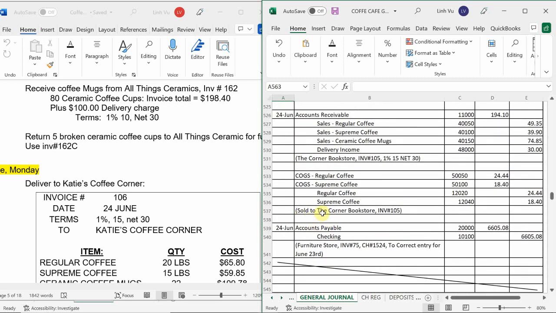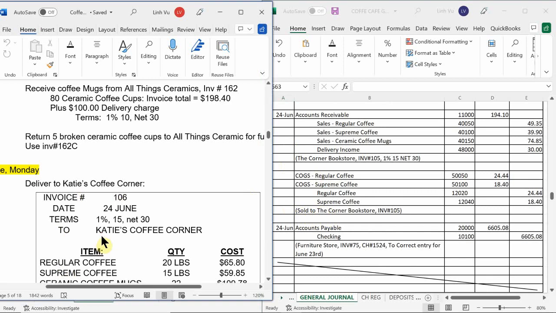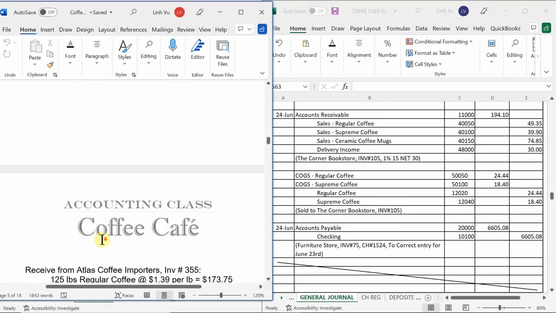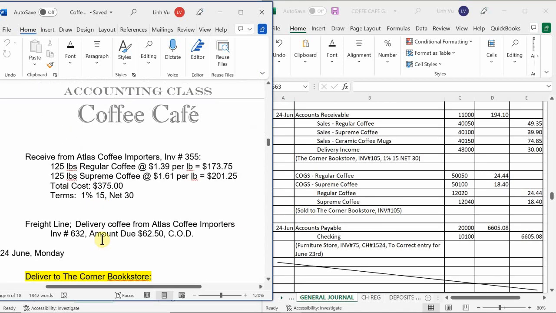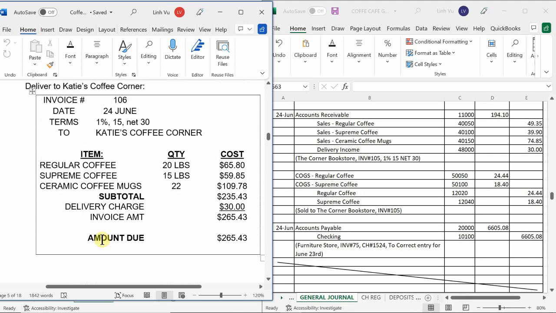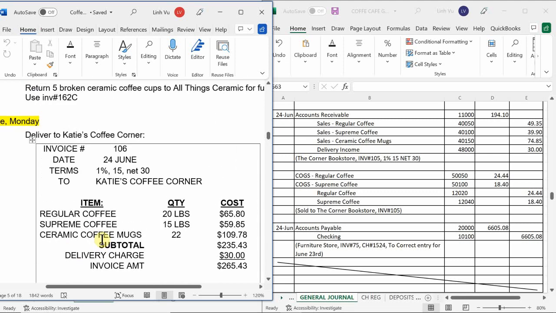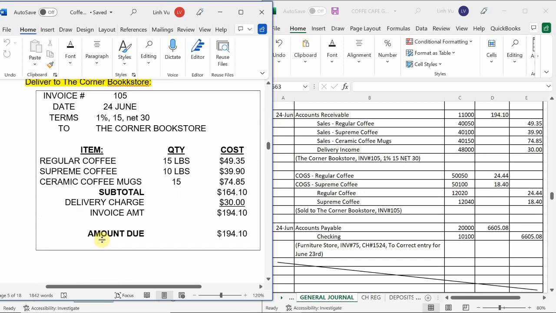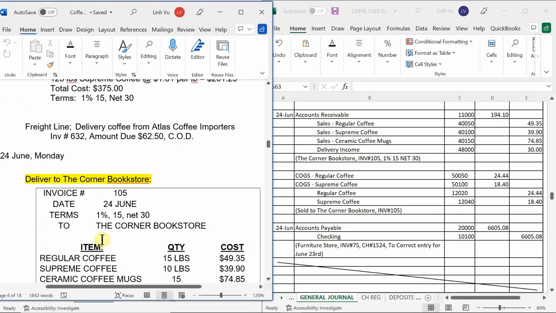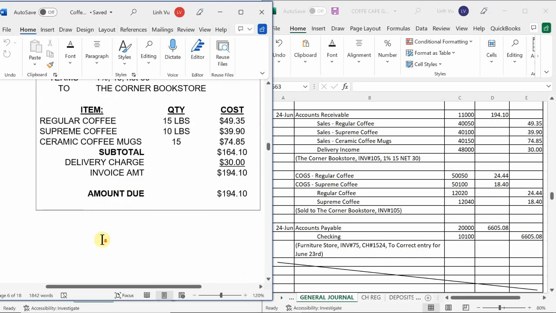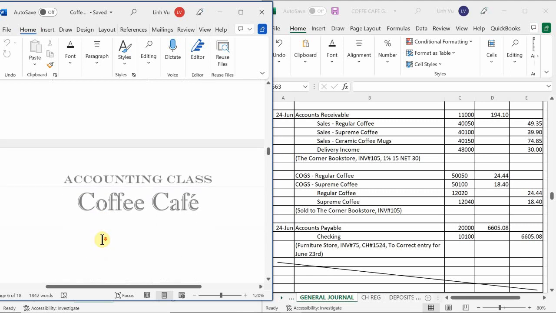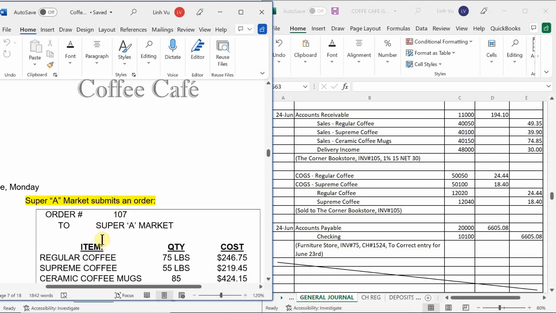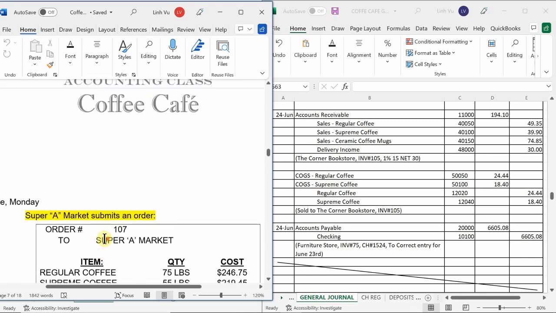Yes, we delivered to the corner bookstore, actually. So in this case, we already did this one. Just Katie's Coffee Corner. This is submitting. And here, this is where we delivered to the corner bookstore. Okay? So, therefore, this is where we last left off.